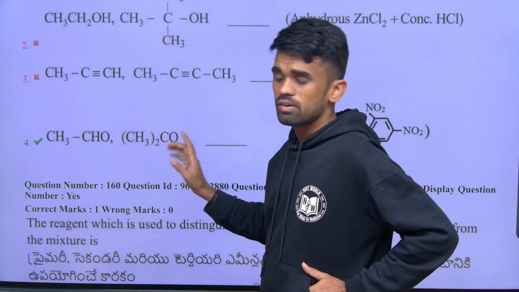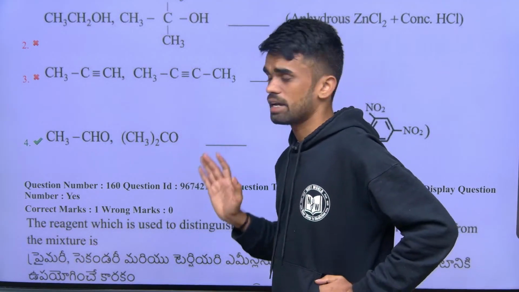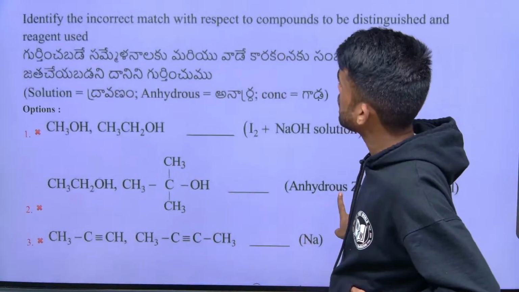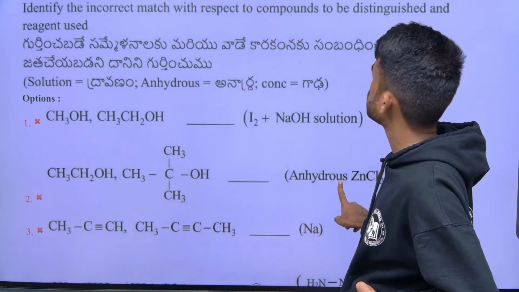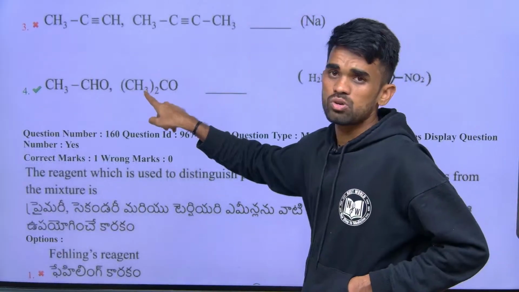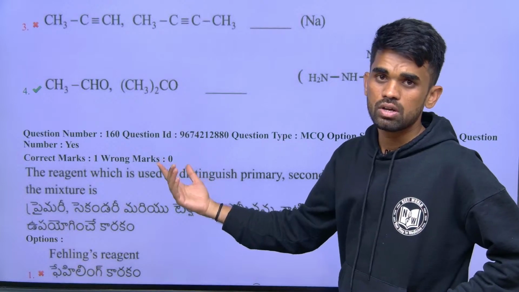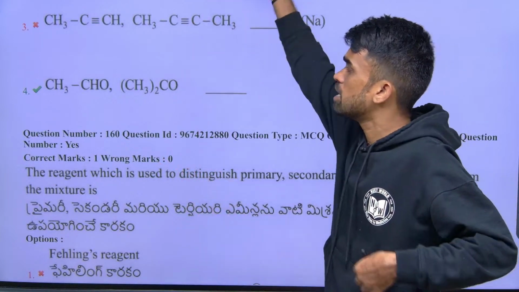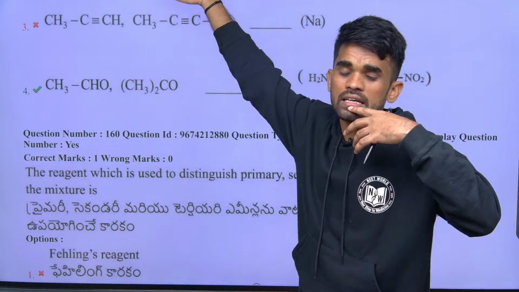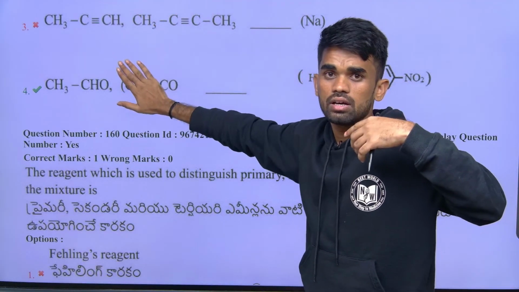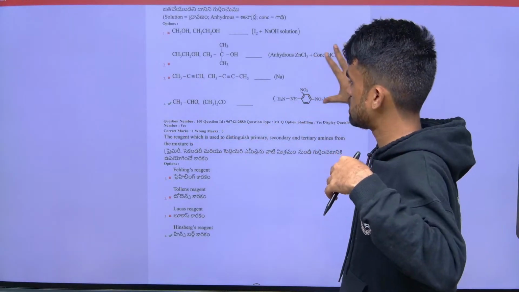So this is the incorrect one. That is what they are asking, incorrect match with respect to compounds to be distinguished. These two compounds cannot be distinguished by this because both will react and form some product. Whereas in the other options only one reacts, the other does not. But here both are reacting. So the fourth one is the incorrect one.